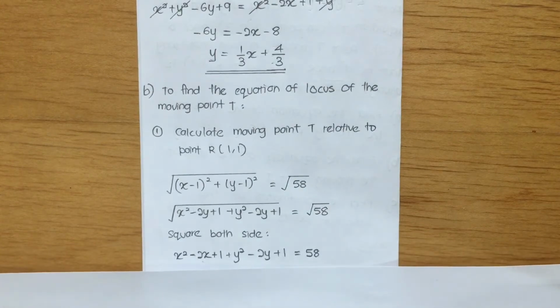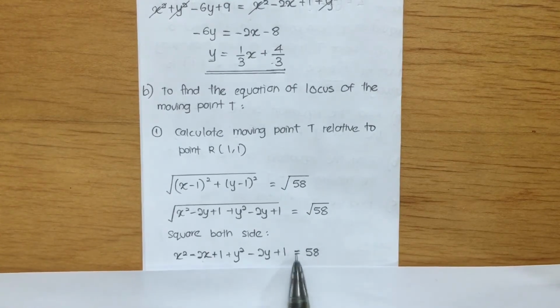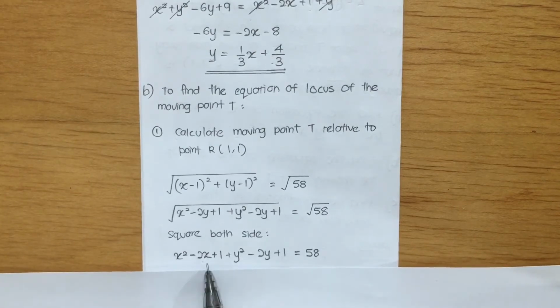From here you get x² − 2x + 1 + y² − 2y + 1 equals 58. You can bring the 58 from the right hand side to the left hand side. The numbers you can add, you get 2. Then 58 you bring to the left hand side, you get negative 58. So 2 minus 58 you get negative 56.